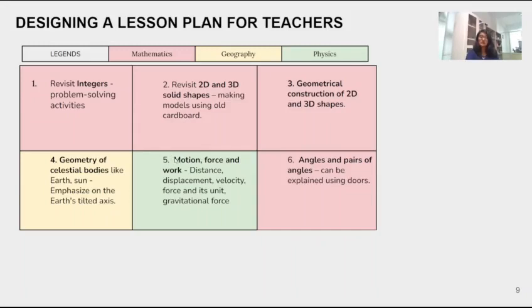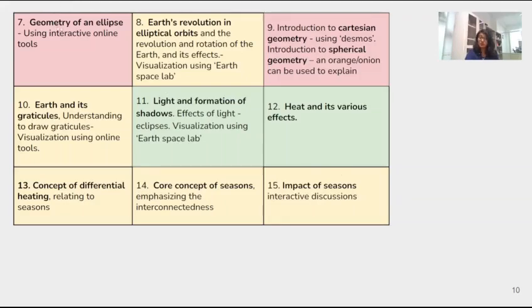Next, students can be introduced to details of physical concepts like motion, work, distance, displacement, force, etc. And going back to mathematics, the students can be taught about angles and their pairs, and also about the idea of the geometry of an ellipse. At this point, the geography teacher can come forward to explain the revolution of Earth in elliptical orbits.